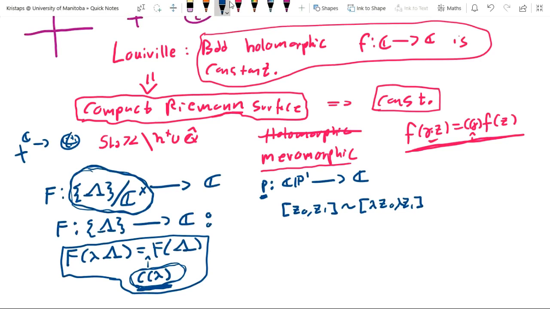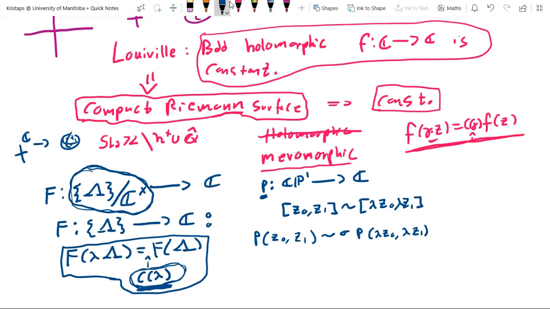If I have p, this polynomial in two variables, then if I evaluate it at this point z0, z1, this should represent the same point as p evaluated at lambda times z0 and lambda times z1. And what does it mean for two points to be the same in projective space? It means they're a non-zero scalar multiple of each other. So there should be some other scalar, say sigma, that I can multiply this by to make these equal.